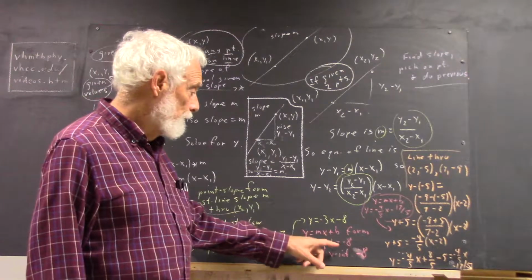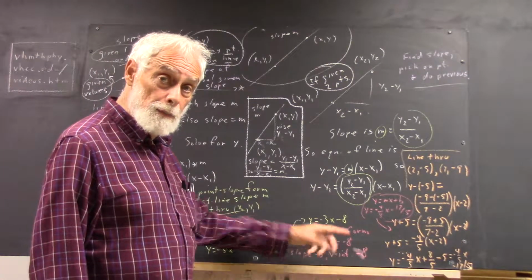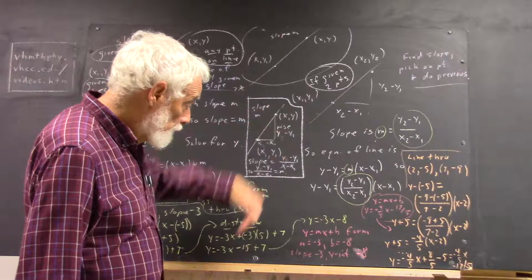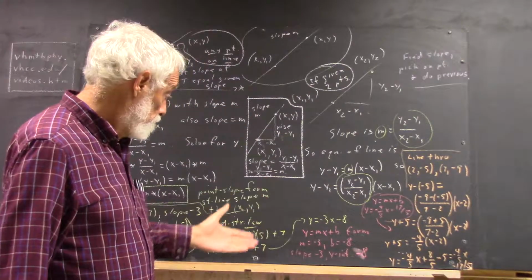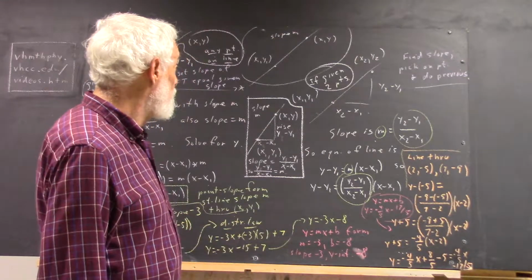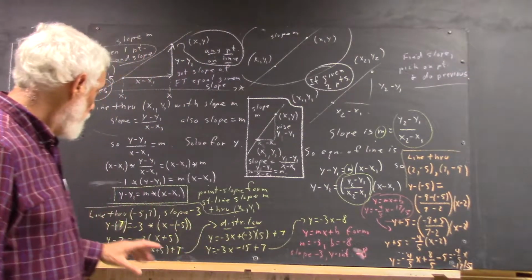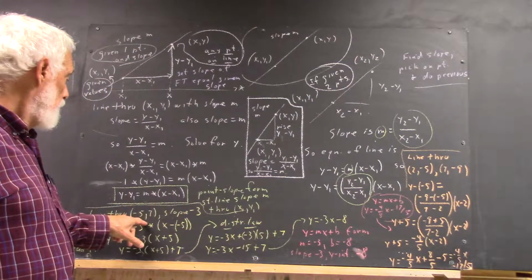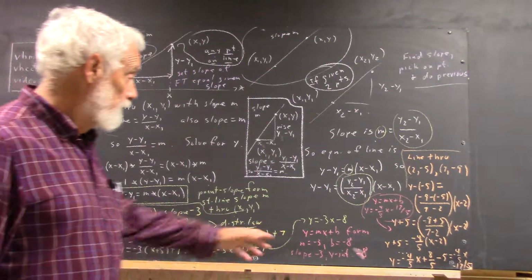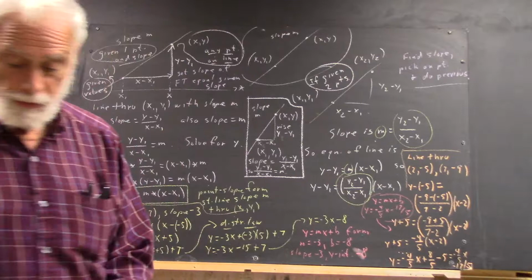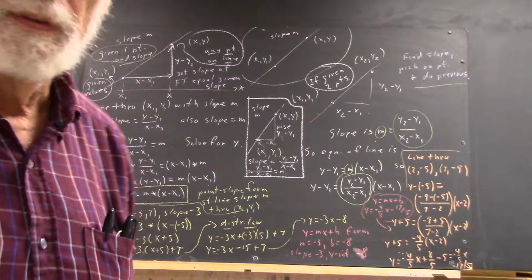And the y-intercept turns out to be -8, meaning that the graph crosses the y-axis 8 units below the origin. Okay, well, that's pretty much what we can do if we want to get the line through a given point with a given slope. Now from this, of course, we can calculate our intercepts and all sorts of things, but we've done that elsewhere.